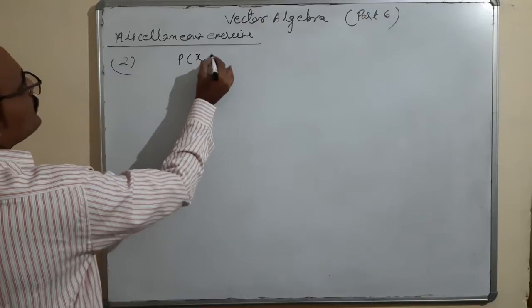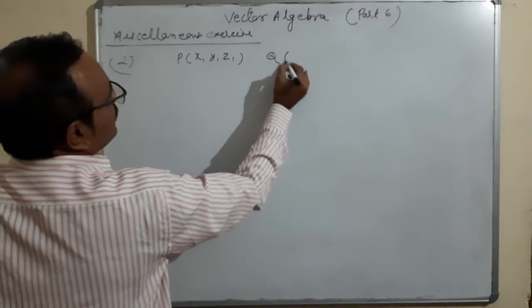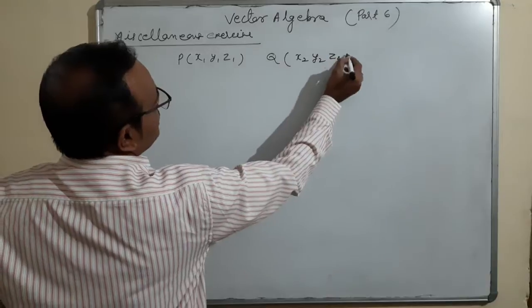Point P is x1, y1, z1. Point Q, it is given, is x2, y2 and z2.